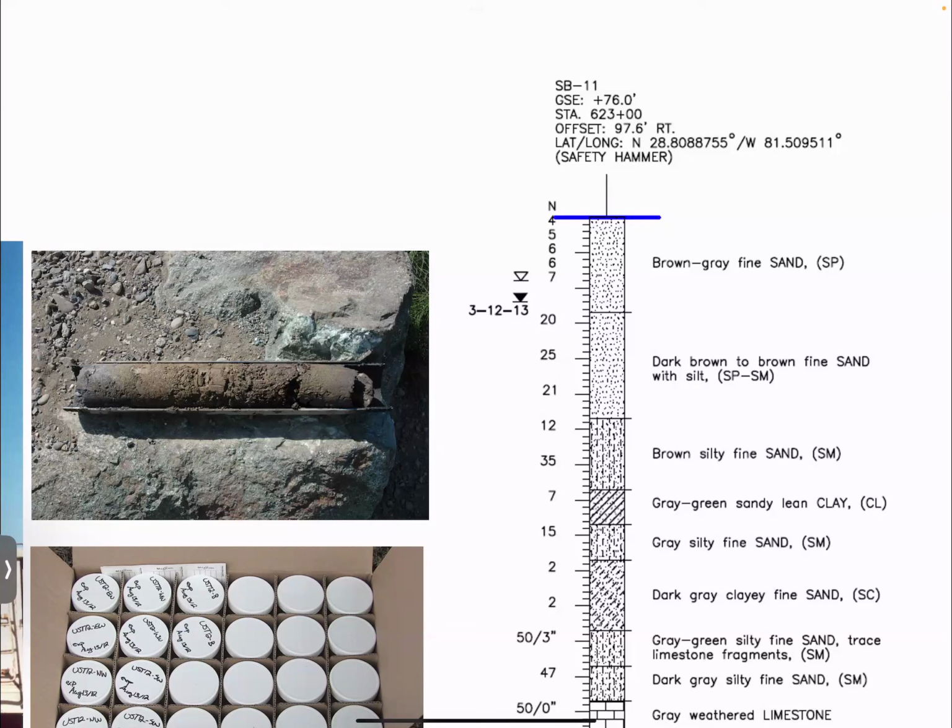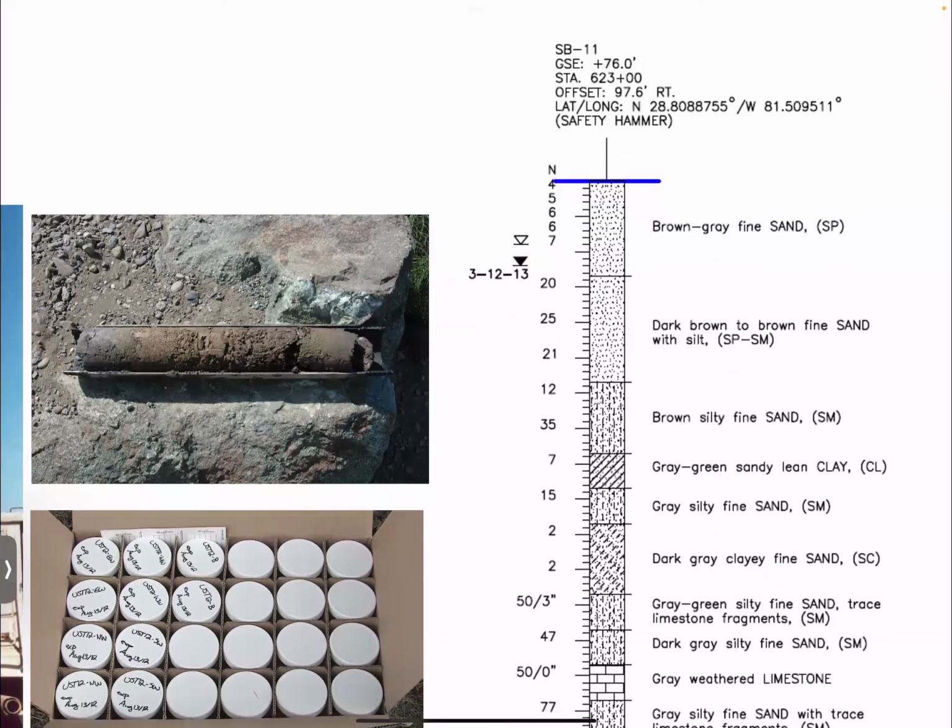You can't do a continuous N value because you have to wash the material out eventually. So we can only do every 2.5 feet. Most borings are going to be every 5 feet or every 10 feet. FDOT does require N values every 2.5 feet for bridge borings or important structures. But that's what we see here with this N value.